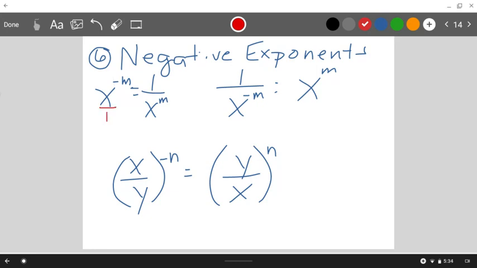So you flip it, and the m, the exponent, becomes positive. If your x was already in the bottom with a negative exponent, you're going to flip it back up to the top. Exponent becomes positive. If it's an entire fraction to a negative exponent, the entire fraction flips over and your exponent becomes positive.